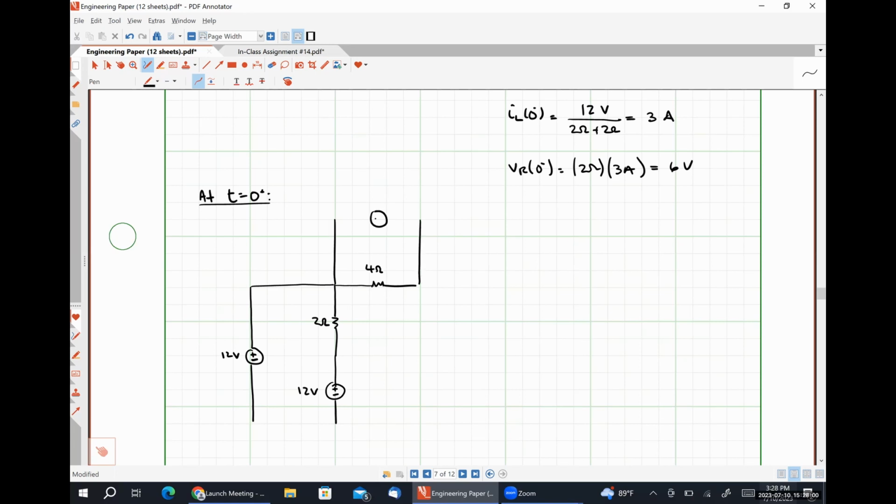I'm going to replace my inductor with a current source having the same direction and magnitude as IL at 0 minus. So that's a 3 amp source directed to the right. Two ohm resistor there. Here's VR at 0 plus, the only thing that I need to solve for.